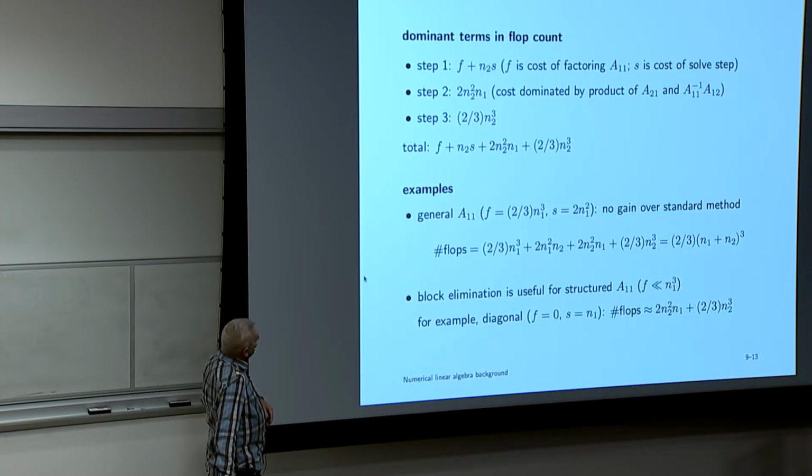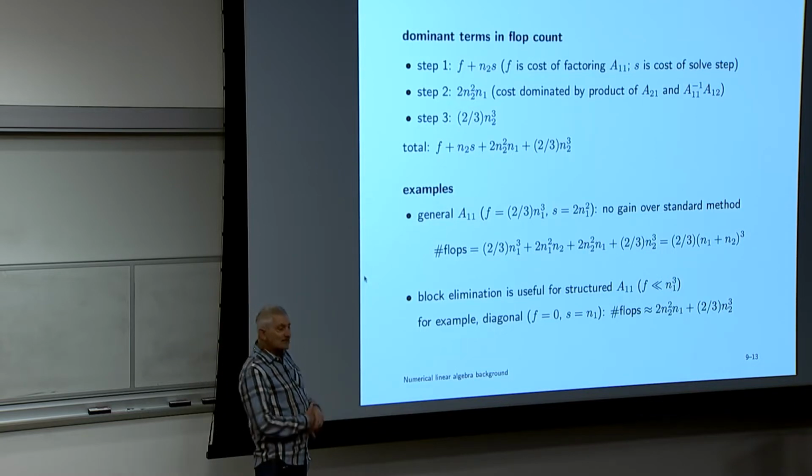All right. So let's just throw in a general A11 and see what happens. When you do, hardly surprising, but down to the flop, it's identical. Congratulations, you've done a bunch of algebra and analysis, and it did absolutely nothing. By the way, it does nothing in terms of flop count.